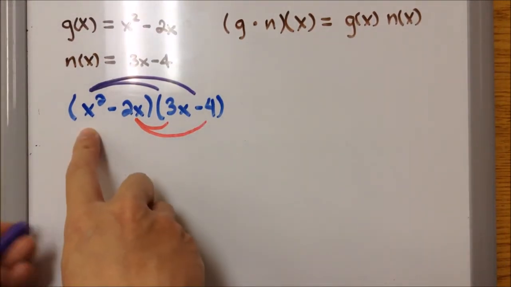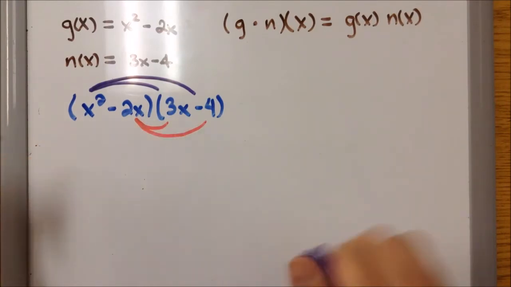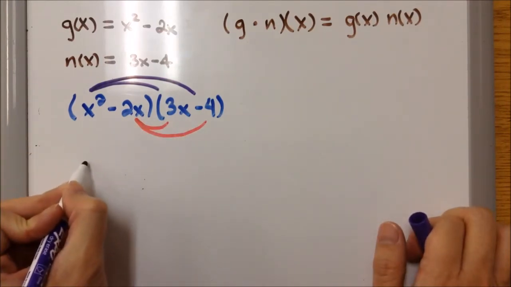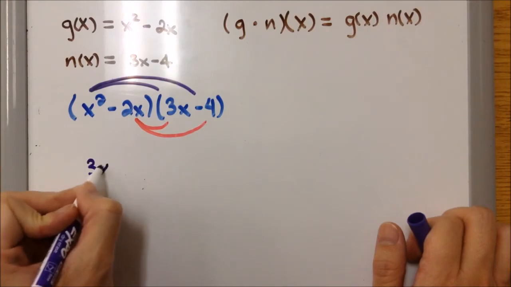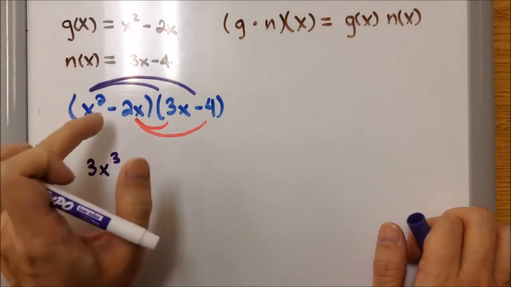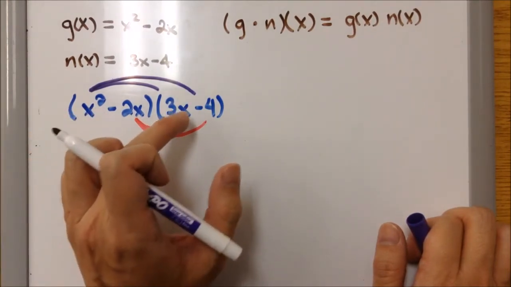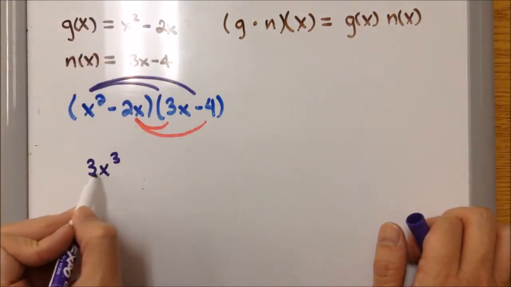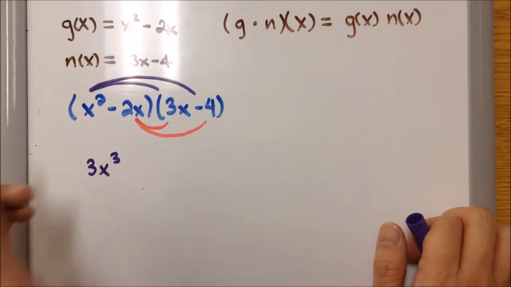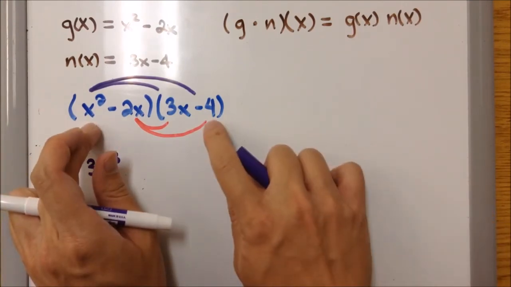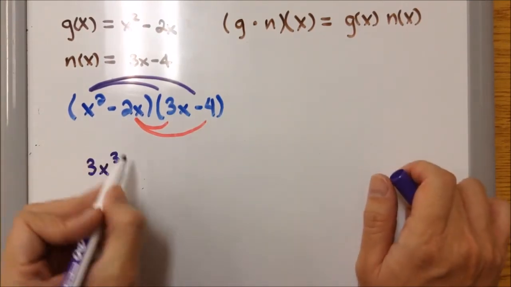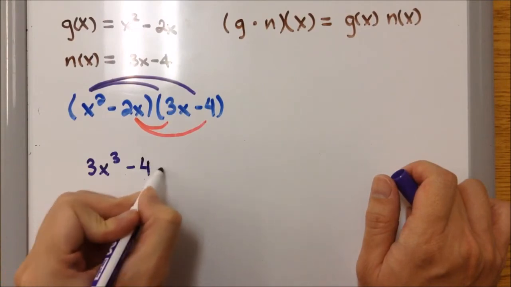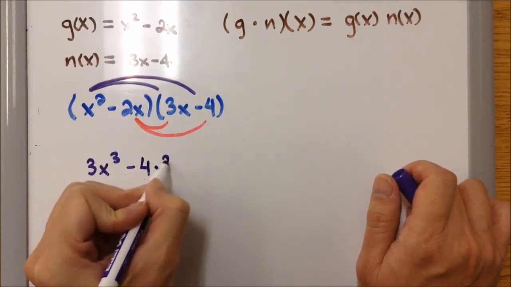Alright, so x squared times 3x, well, that's going to be just 3x to the third, because x squared and x with an invisible 1, that becomes 3x to the third power. Then x squared times minus 4, that will be minus 4x squared.